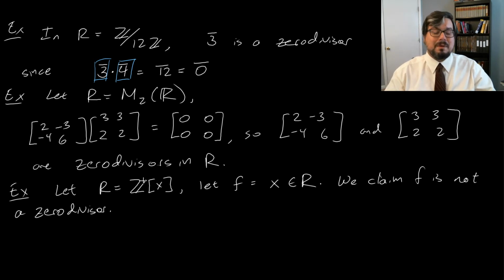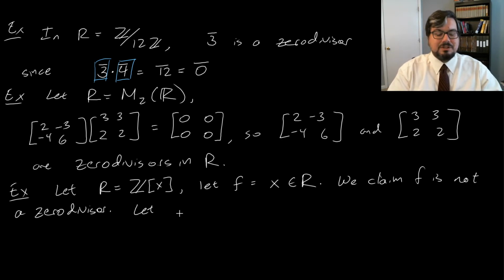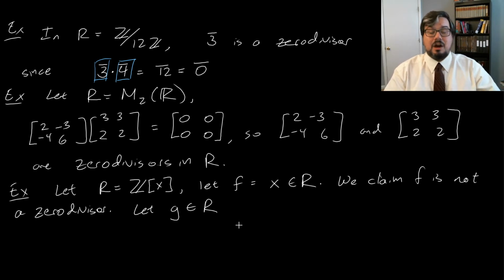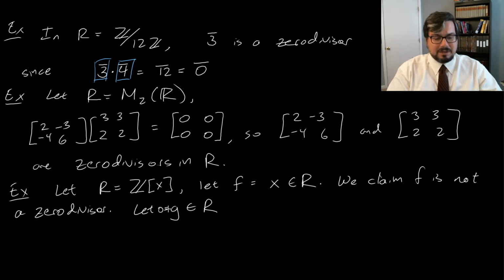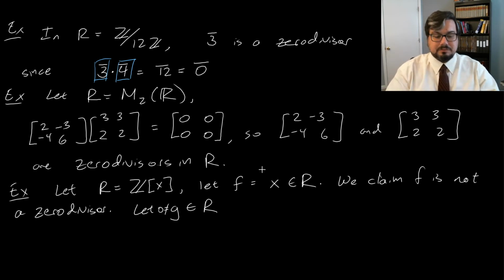So no matter what we multiply F by, we're not going to get 0. So the way that we'll typically do that is to take some other random element of R, but we want it to not be 0, and we're going to try to show that F times G is not equal to the 0 polynomial.